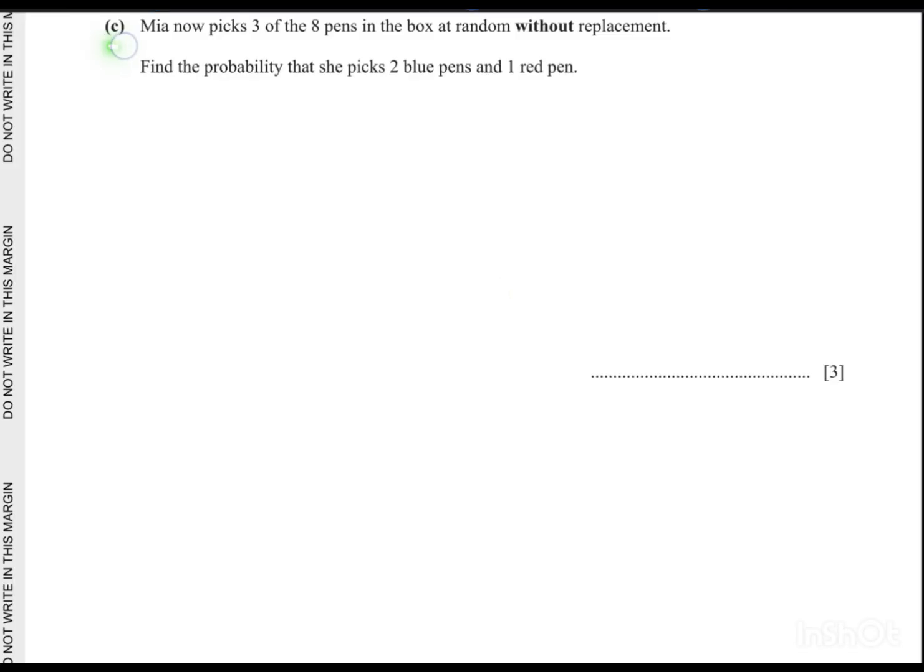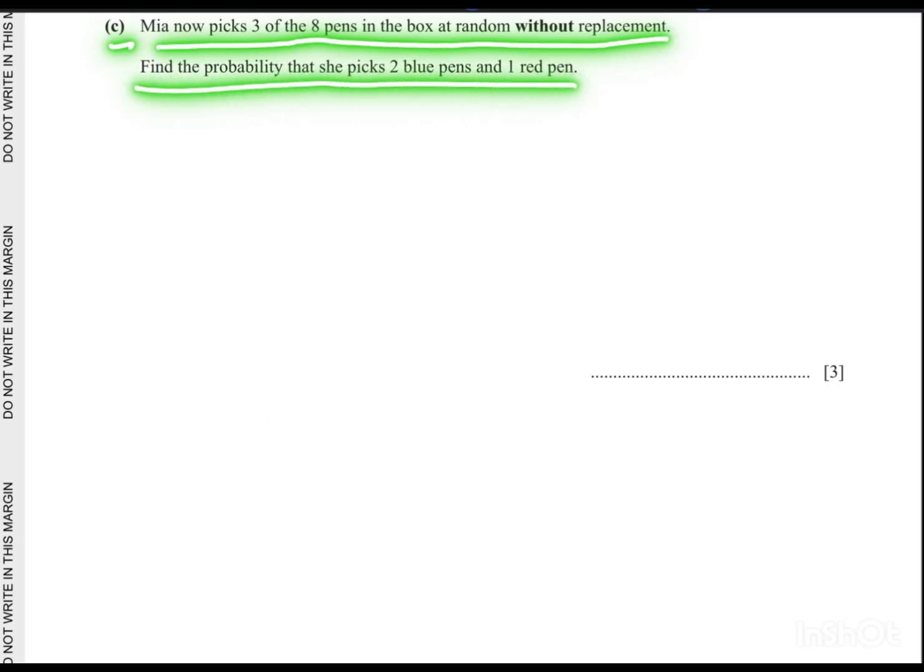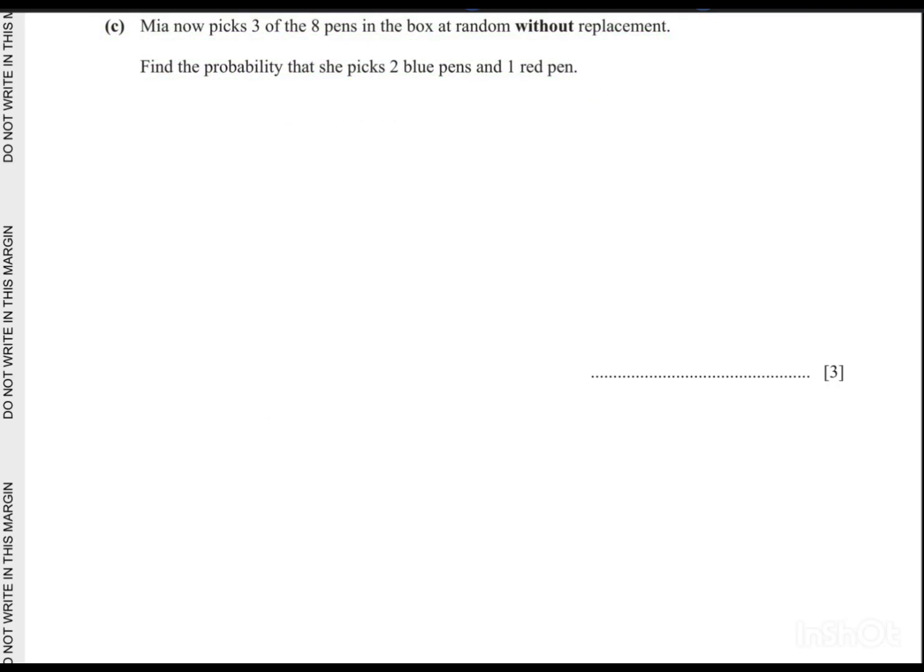Question C. Mia now picks 3 of the 8 pens in the box at random without replacement. Find the probability that she picks 2 blue pens and 1 red pen. Now she is picking 3 pens without replacing, and we have to see that she is picking 2 blue pens and 1 red pen.